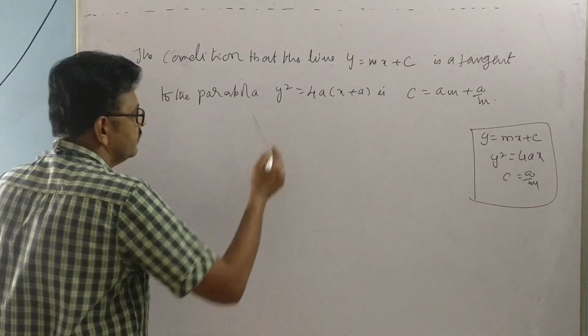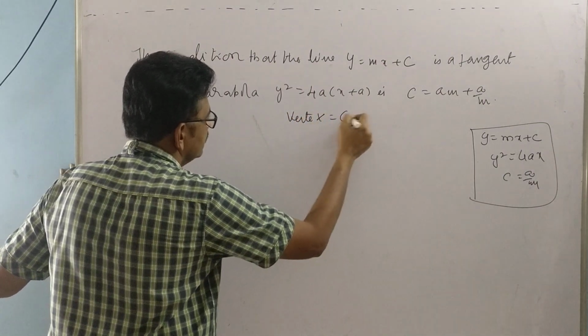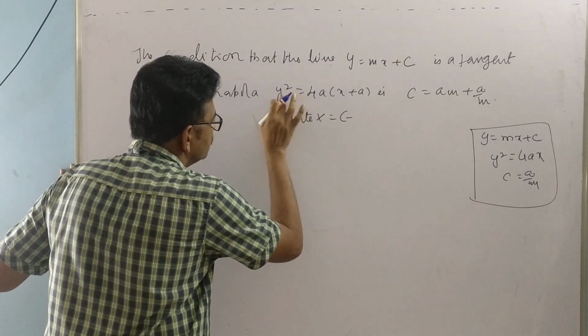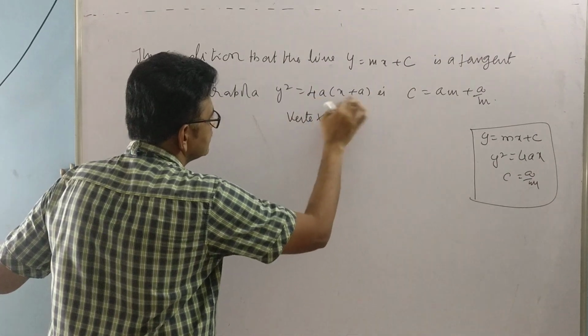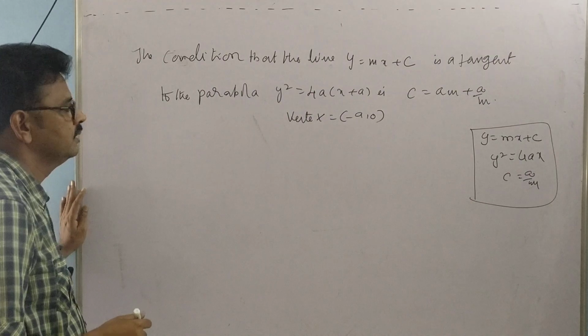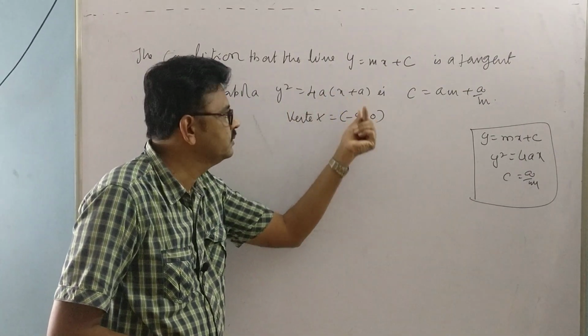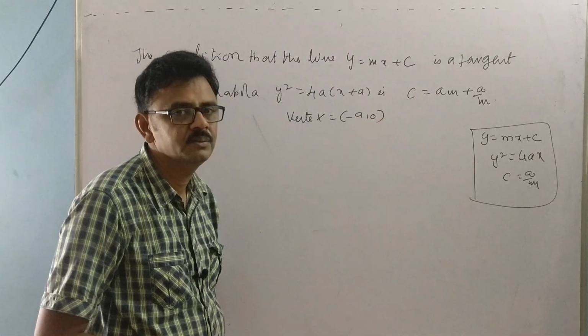Standard form. For this parabola, what is the vertex? Y minus beta whole square equal to 4 into x minus alpha, minus a comma 0. Means without changing the direction of the axis, shift the origin to the point minus a comma 0.